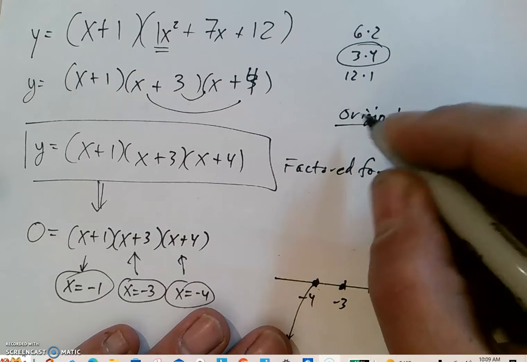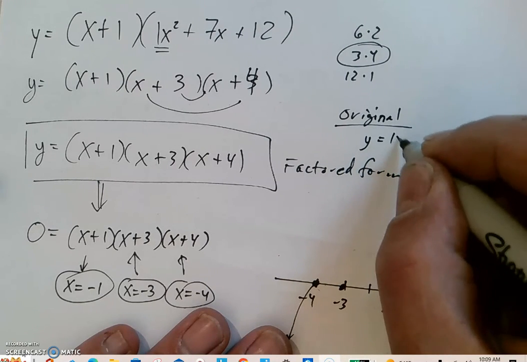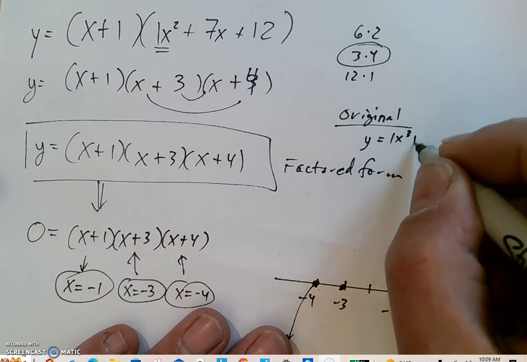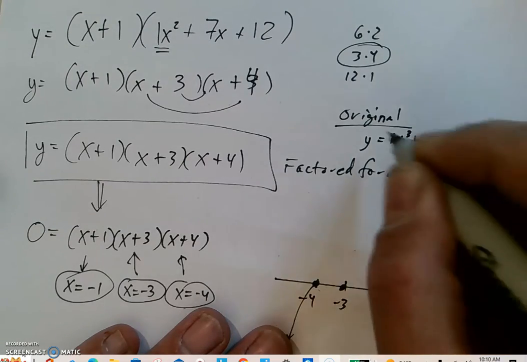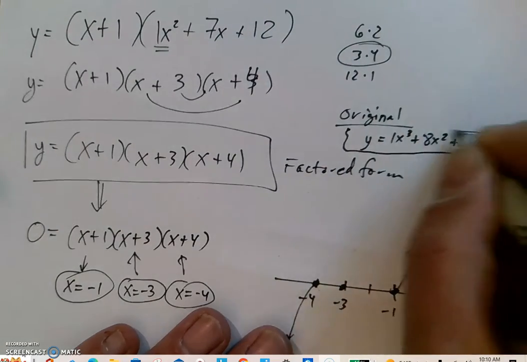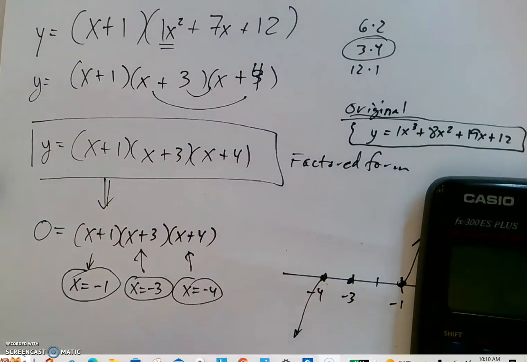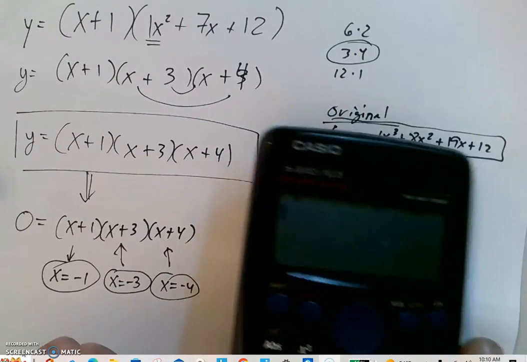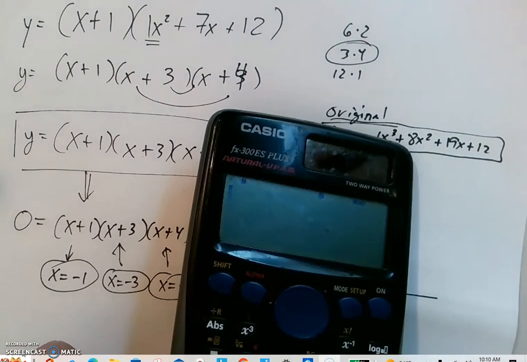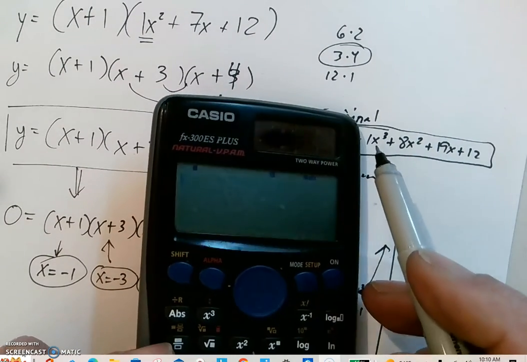Let me go and write the original up here, just so we have it in the same spot. That's the original we started with. So how are you going to plug this in? We want to check where the graph is at -2. So on your calculator, we need to plug in -2 there.